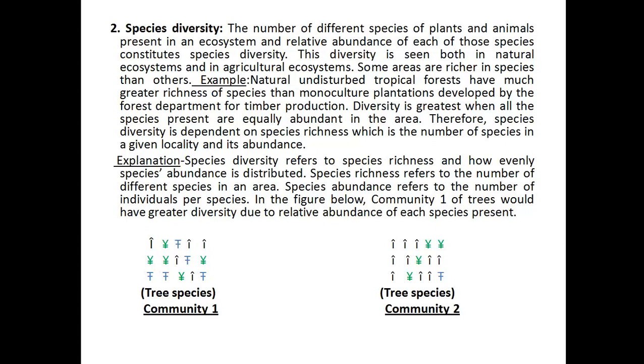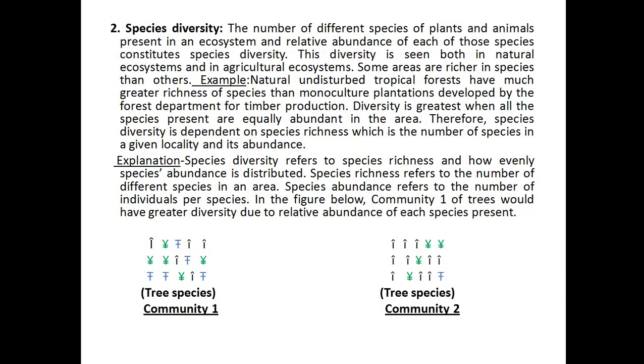Species abundance refers to the number of individuals per species. Thus, species diversity in an ecosystem depends on the occurrence of different species, for example, trees, and the quantity in number of the different species of trees. This is if we take an example of trees.